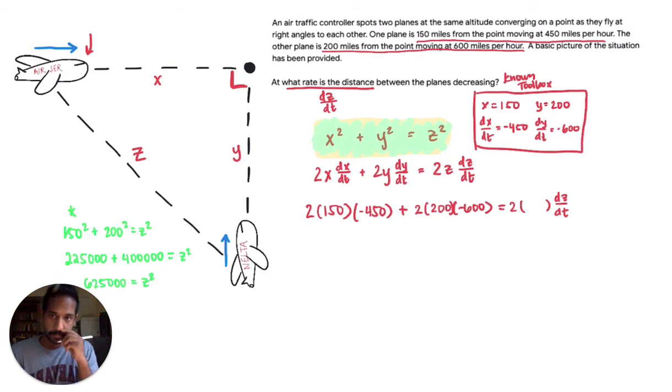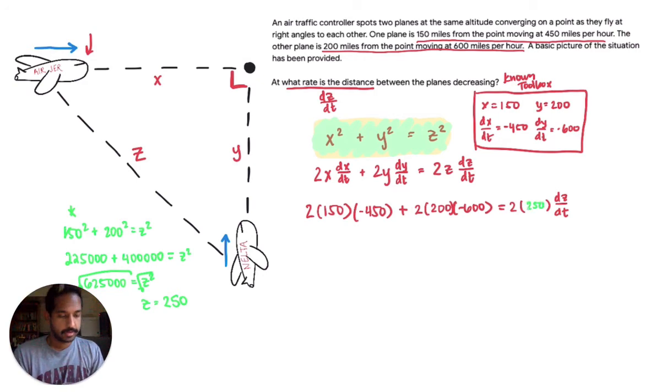And I know this already, but z is going to equal 250 once we find the square root of both sides. And in this case, we know z is positive, right, because that's a distance. The distance between those two can't be negative here. And so z here is 250.